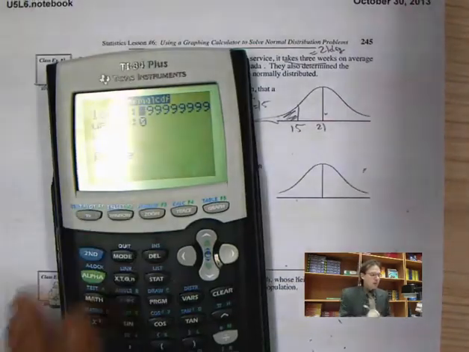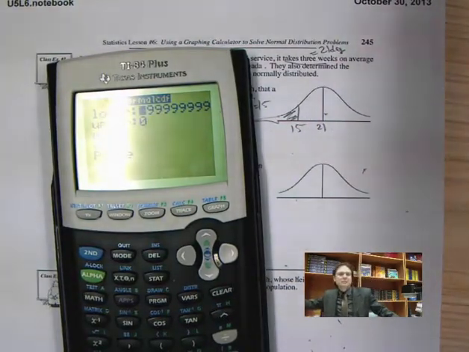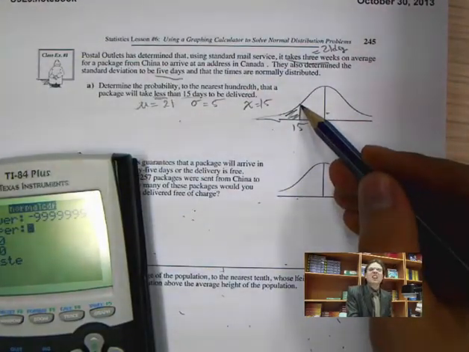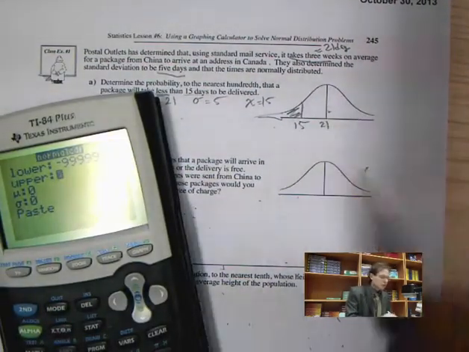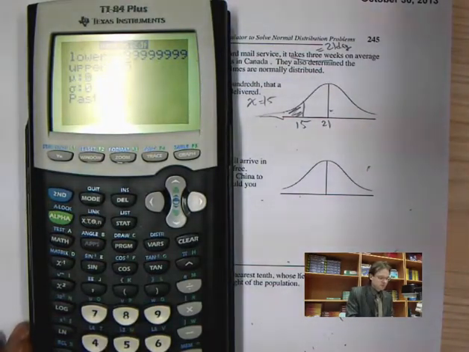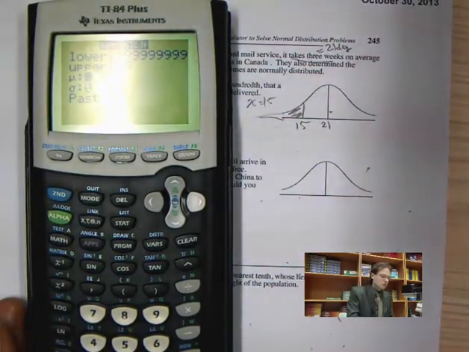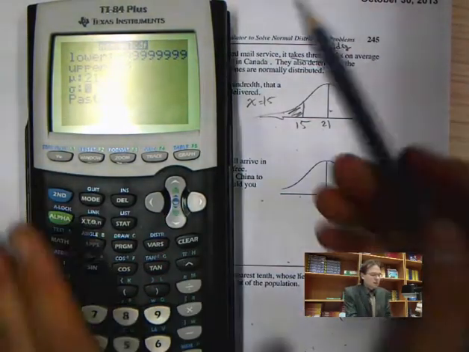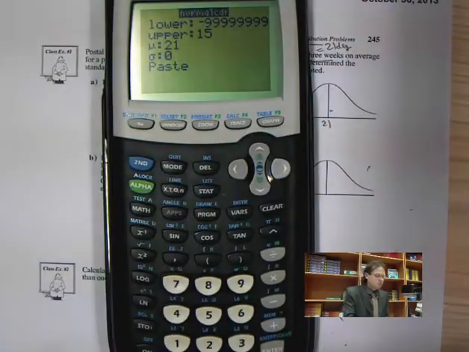Now, what is my upper bound? My upper bound is my most right bound. My upper bound is 15, because it's everything less than 15. My mean is 21, there's the symbol for mean, and my standard deviation is, like we said, 5.